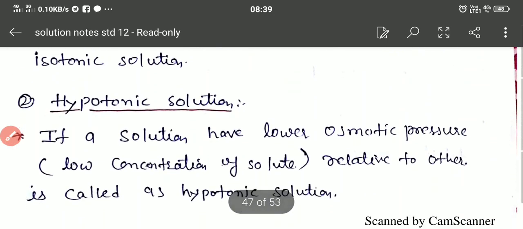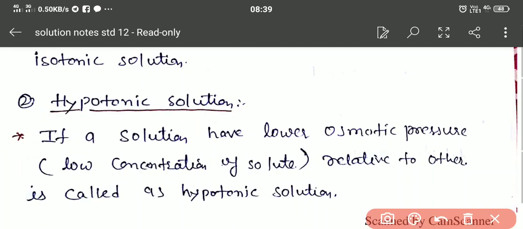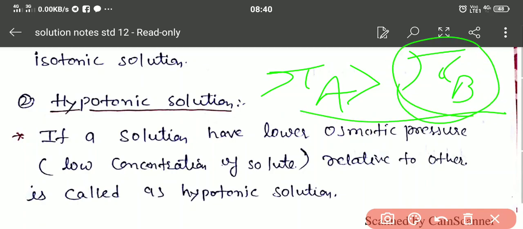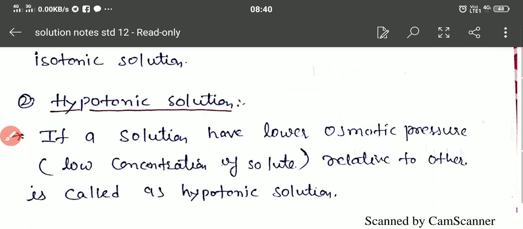Now second is hypotonic solution. So what is hypotonic solution? If a solution has lower osmotic pressure relative to another, lower than the other, then this solution is known as hypotonic solution. Also the concentration is lower than the relative one.